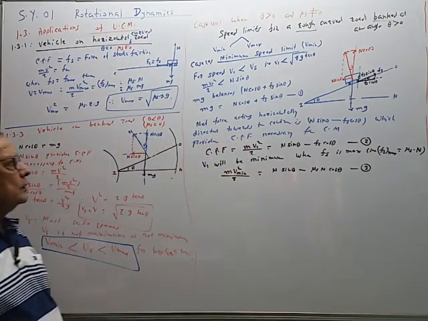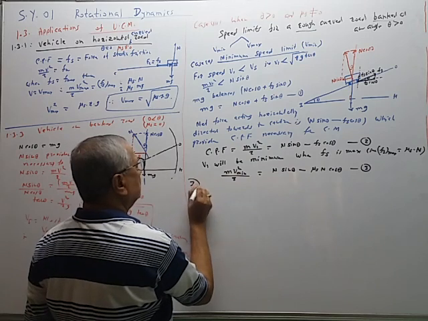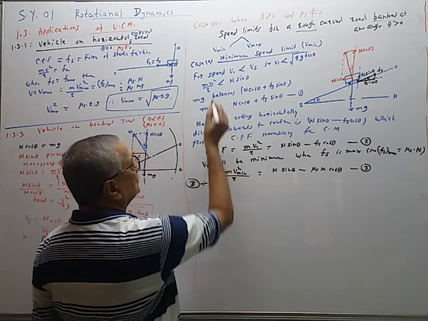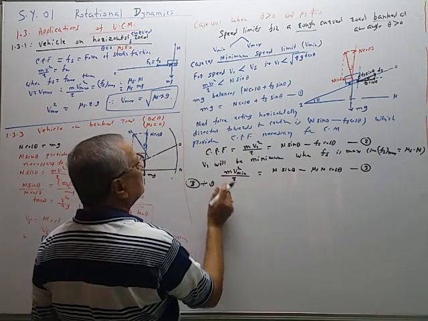Now you can divide equation 3 by equation 1. So m will get cancelled.